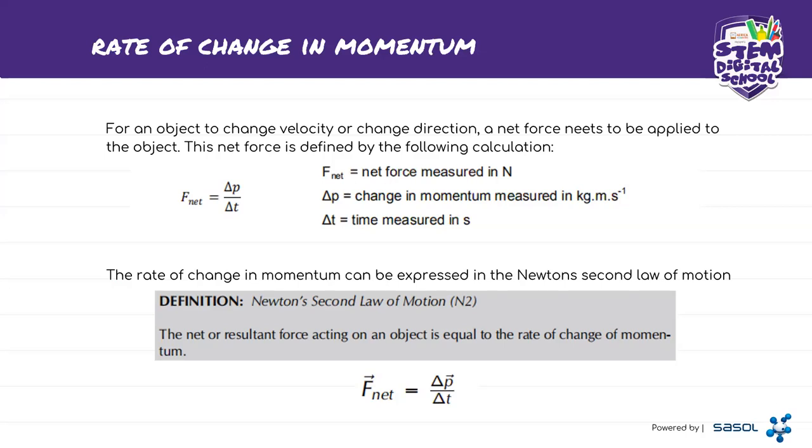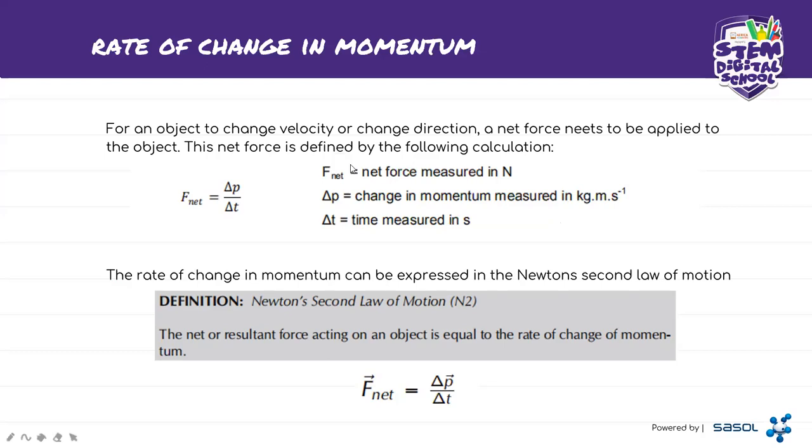So we're going to have our net force, which will be equal to the change in momentum divided by the change in time. The net force is measured in Newton. And then the change in momentum is measured in kilogram meters per second.